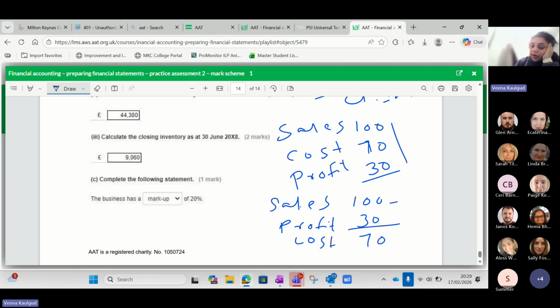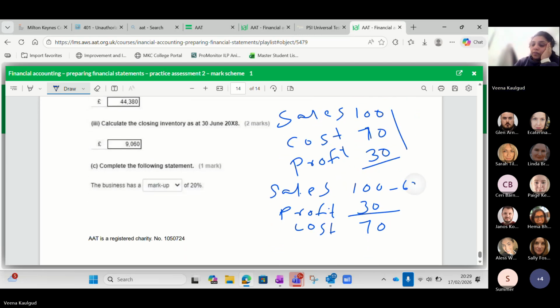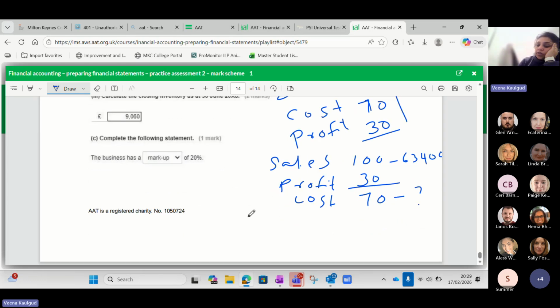So if 100 corresponds to, we just found this answer, 63,400, what does your cost correspond to? Because we don't want the profit figure yet. So you just cross multiply, or use the butterfly method that was explained the other day.